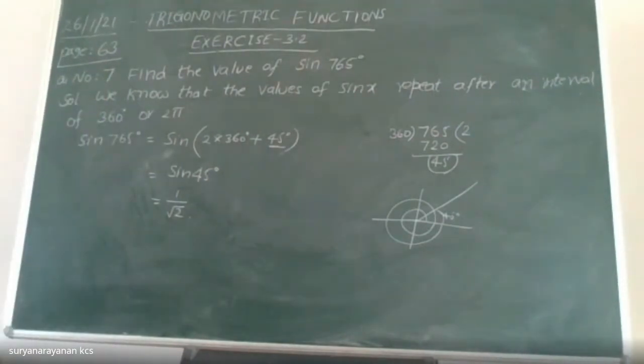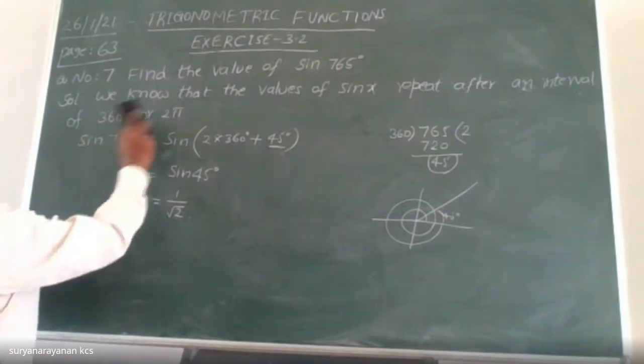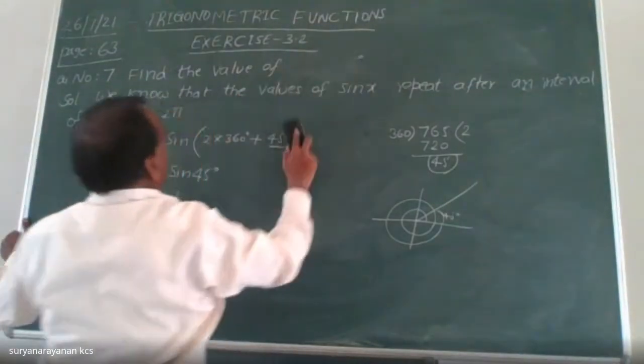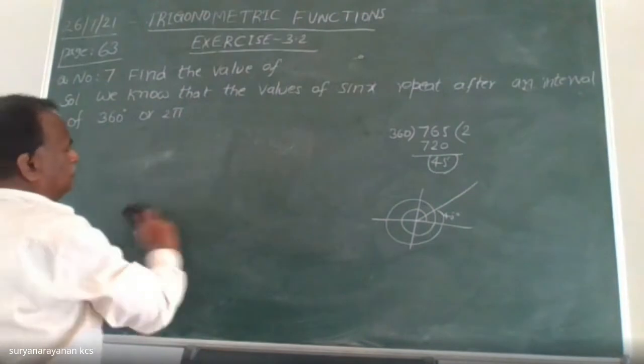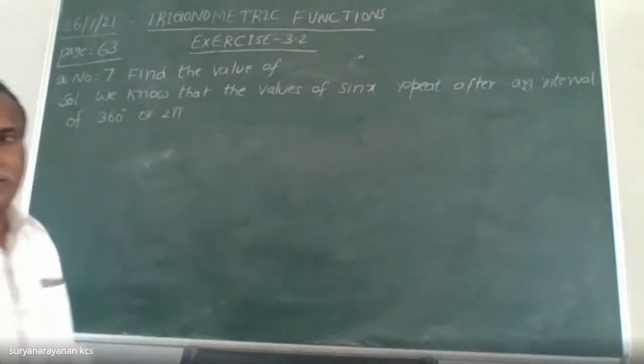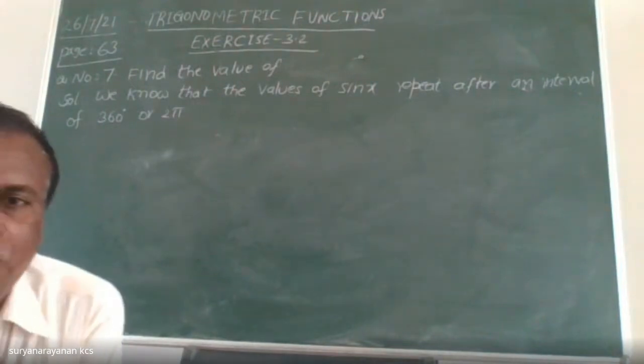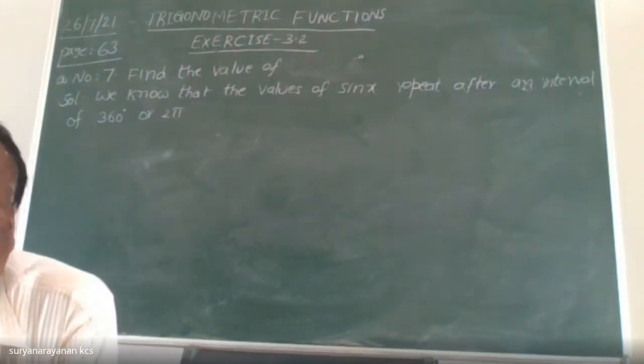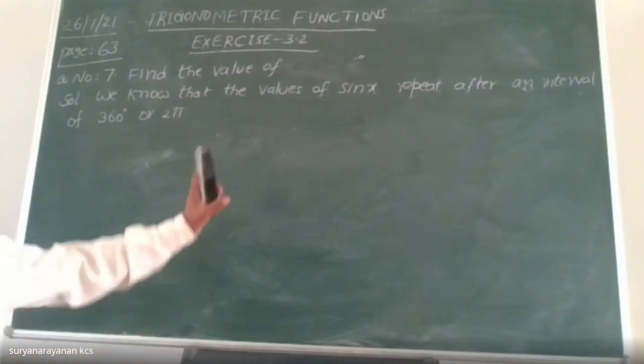See question number 7. Find the value of cosecant of minus 1410 degrees. My dear children, I don't send the classwork notes for this class because you are taking a screenshot.